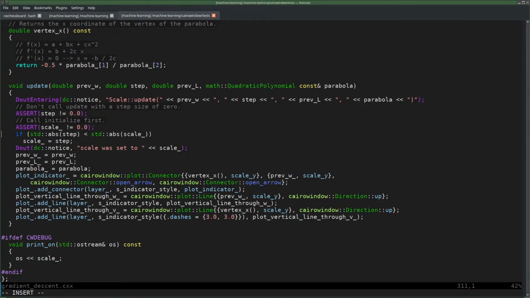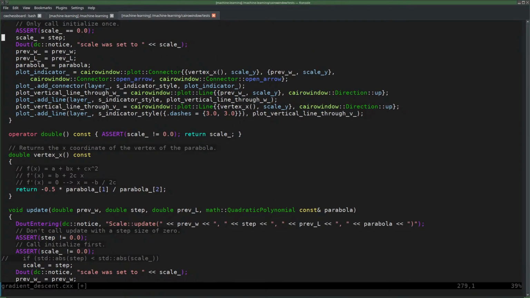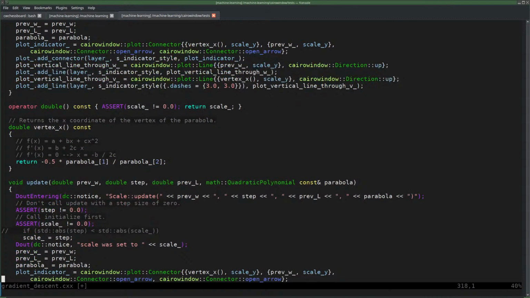I mean, if I don't do this, then scale is set to step, and that should now be exactly the same as initialize. I'm just not sure that I pass the same stuff.